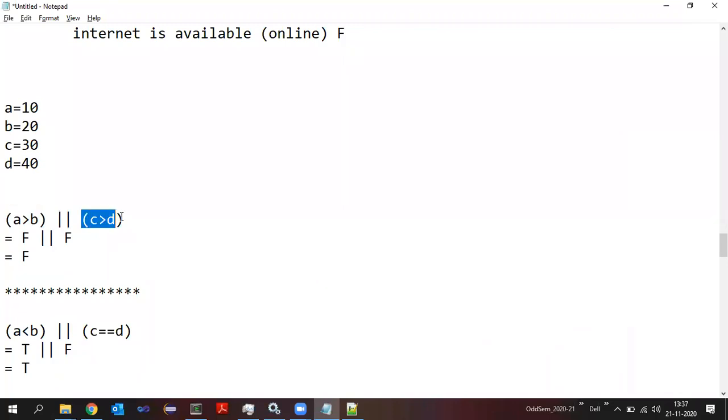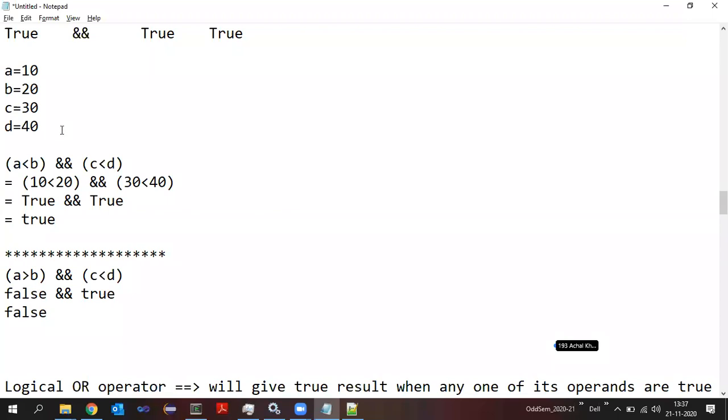This is the second operand. What are these 2 operands basically? They are again relational operators. Why relational operators? The result of a relational operator is always true or false. If you notice in the and also, this is logical and. It has 2 operands, the first one and the second one.